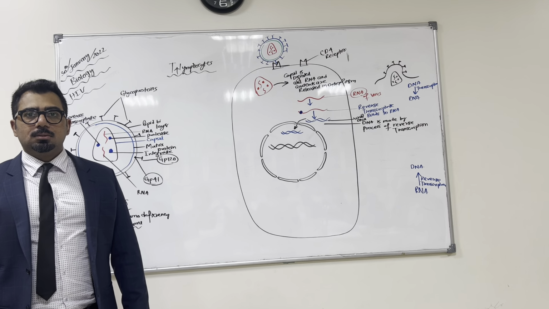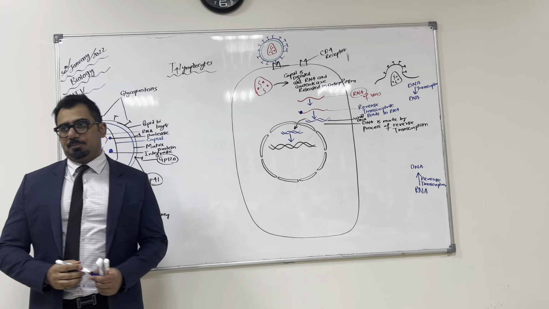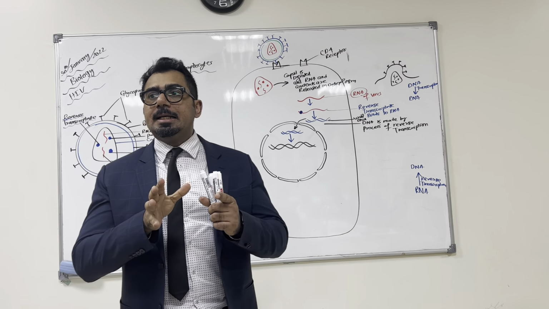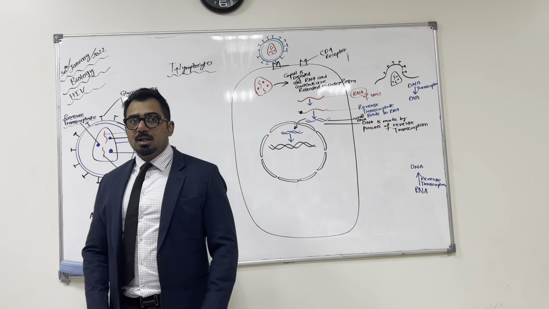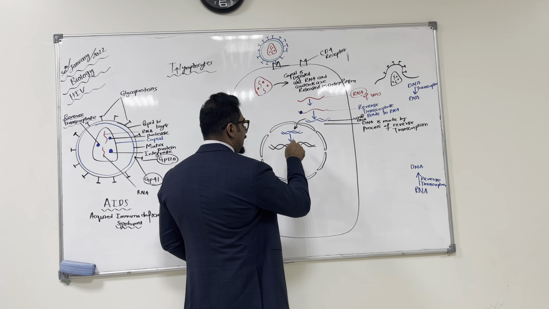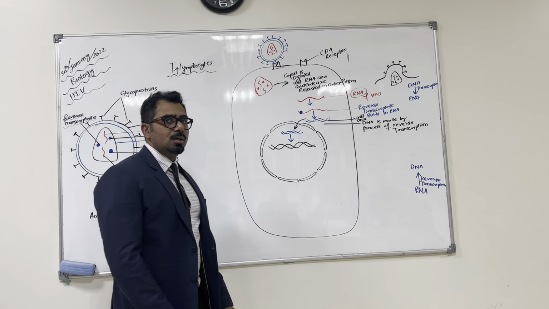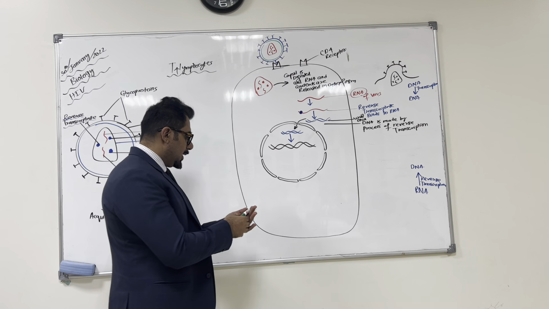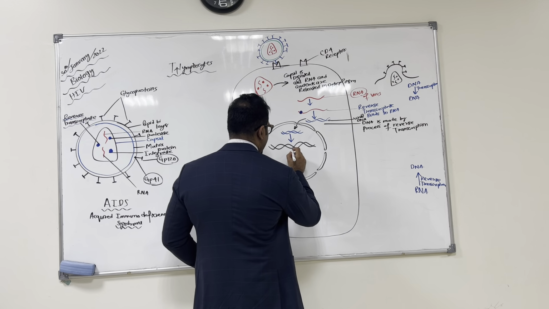With the help of integrase enzyme, it is integrating, right? You know the meaning of the word integrating, adding something into something which already exists. With the help of integrase enzyme, this viral DNA will be added into the host DNA.